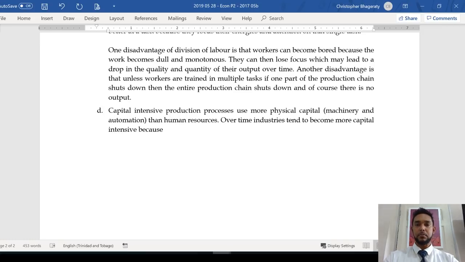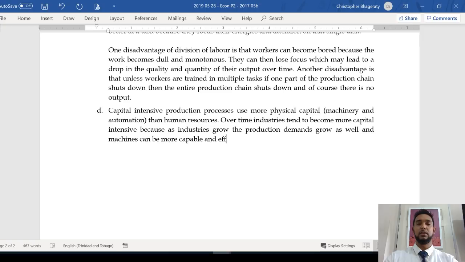Because as industries grow, the production demands grow as well, and machines can be more capable and efficient of meeting these increased production requirements.